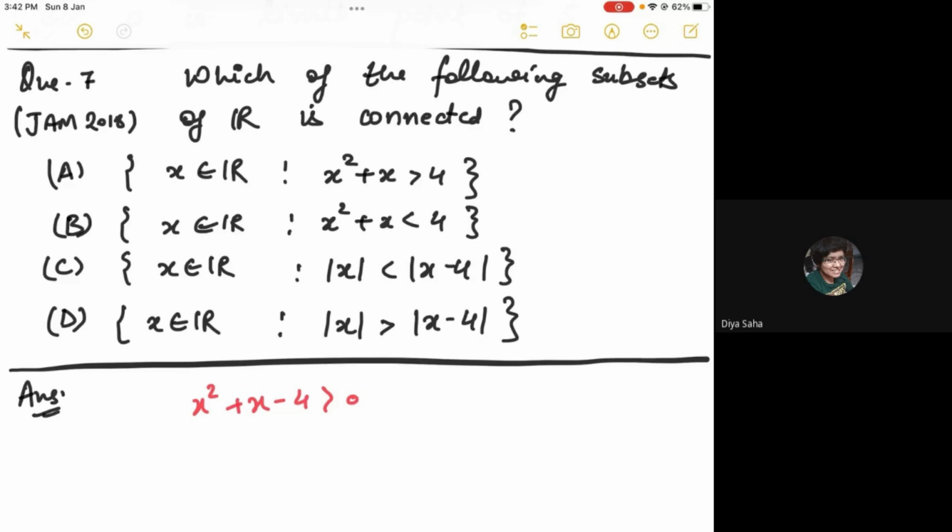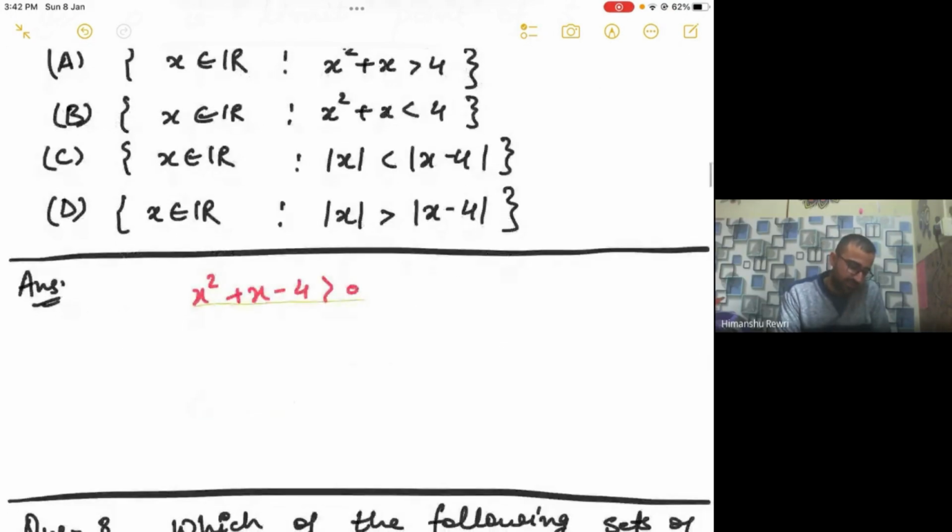So for option A, x square plus x greater than 4, it is not connected because it will give two disjoint sets. But for option B, it will give an interval, so it is connected. Yes, I have used a similar approach in this question.